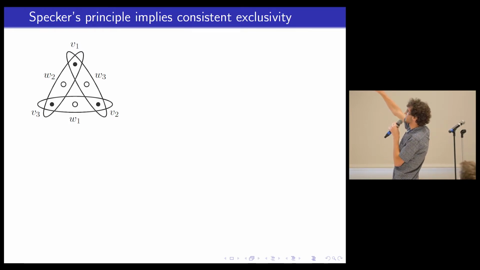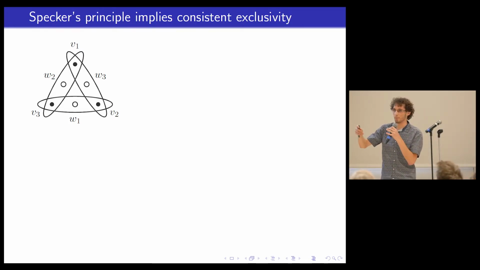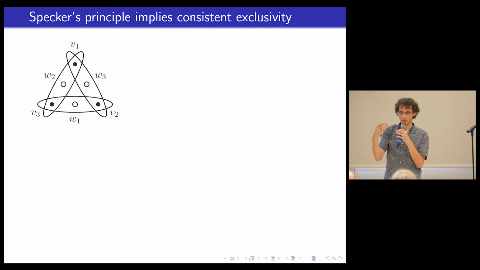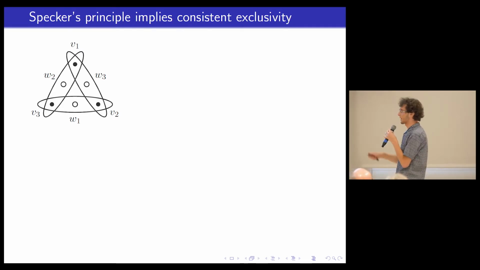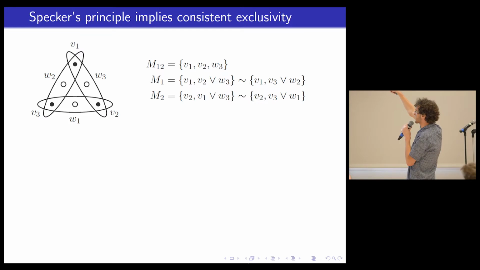Now, there's also these vertices W1, W2, and W3, and those are just the aggregate outcomes. For example, W1 would be the outcome of this bottom measurement, which corresponds to neither V2 nor V3 actually happening. So there's all the rest. But we are not really interested in those, actually. Now, from this hypergraph, we can see that there are certain measurements that we can construe.